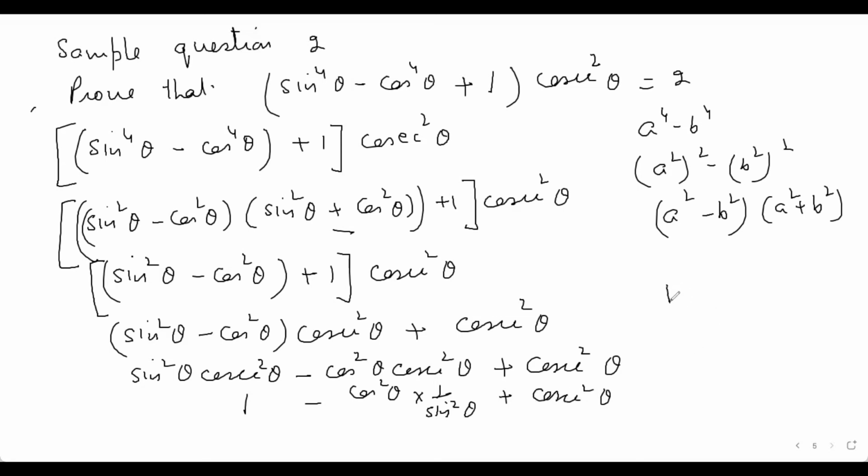So I'll have 1 minus cot²θ plus cosec²θ. Now I can write it like this: 1 plus cosec²θ minus cot²θ. And you know, cosec²θ minus cot²θ is 1. So that is equal to 2. So I have proved that this is equal to 2.